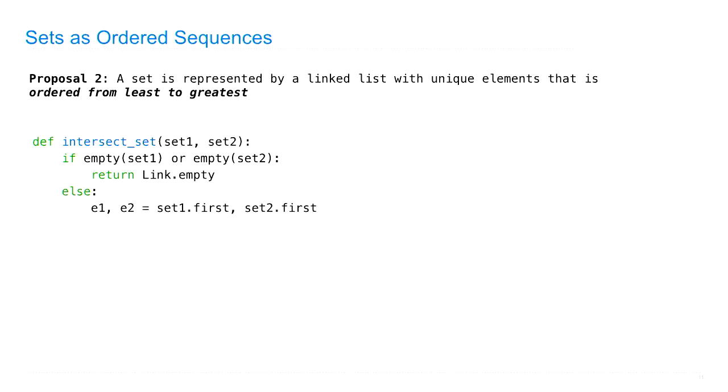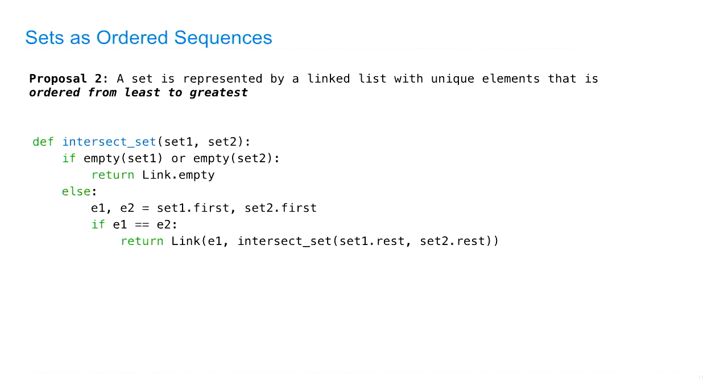Otherwise, we know that there's a first element in both of these. E1 is the smallest element in set 1. E2 is the smallest element in set 2. And we can see if they're the same. If they're the same, then we know we want that element, E1, in our result.